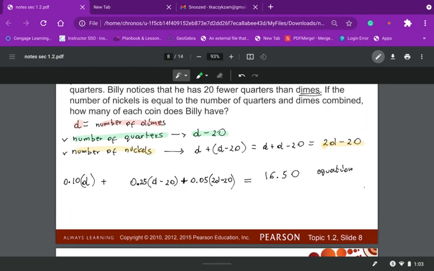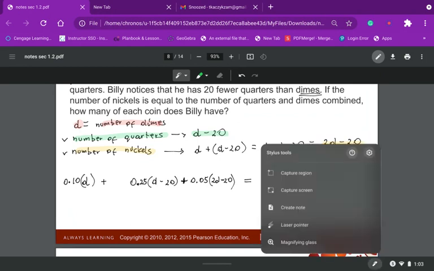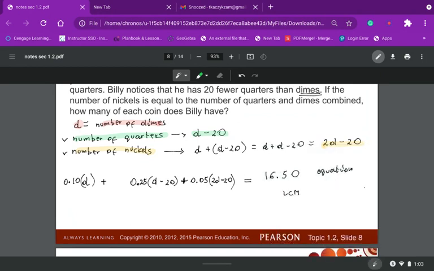First, since I'm not a fan of decimals, I'm going to find the lowest common multiple. 0.10 is technically 10 over 100, 0.25 is 25 over 100, and 0.05 is 5 over 100.